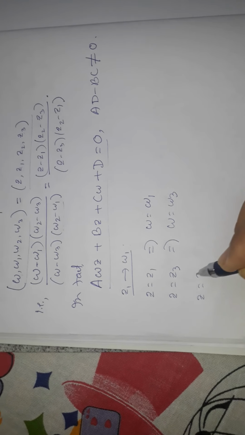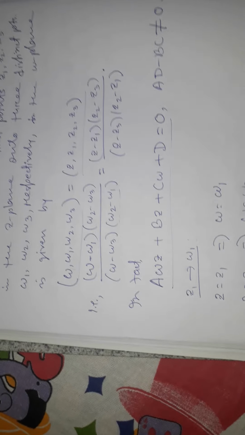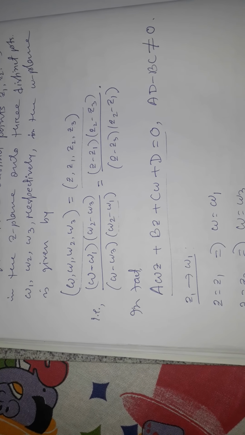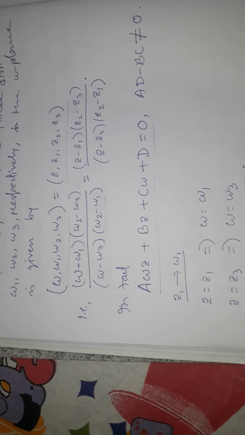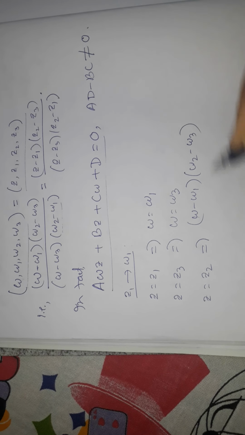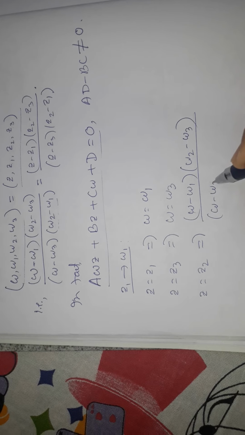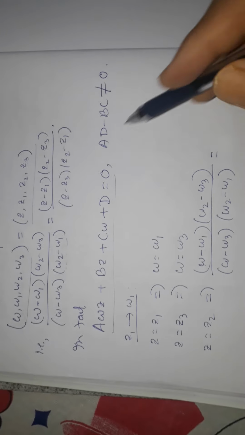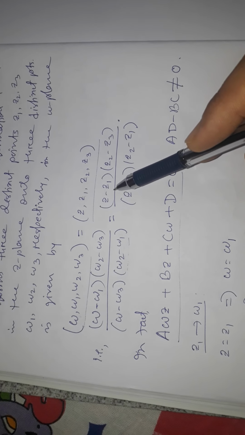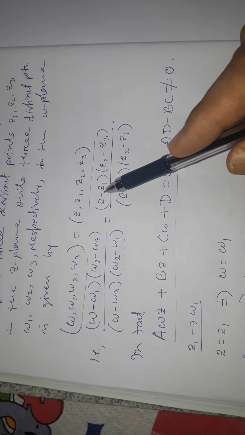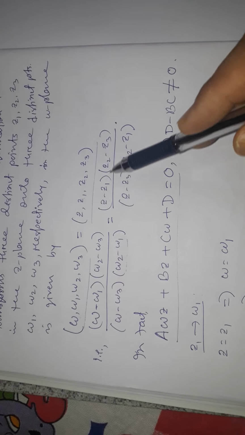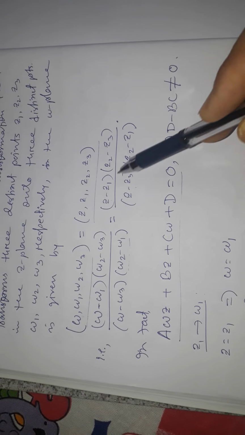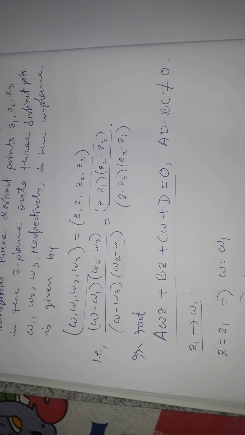And when z equal to z2, you will see that (w minus w1)(w2 minus w3) over (w minus w3)(w2 minus w1) will be equal to (z2 minus z1)(z2 minus z3) over (z2 minus z3)(z2 minus z1). So those will be cancelled out and this is 1.